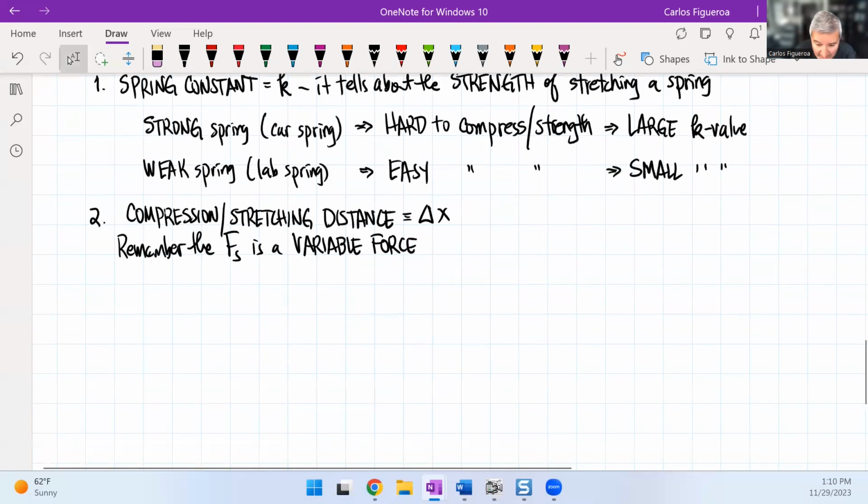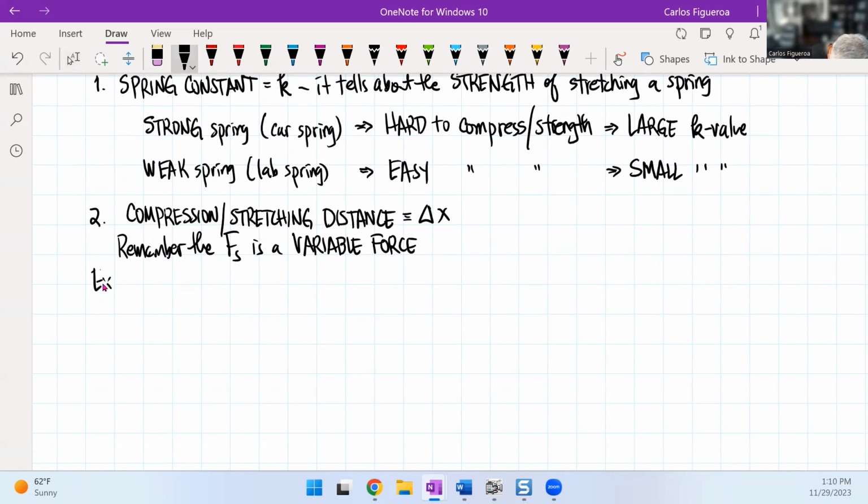So let's think about this picture-wise. I'm going to hang a spring and put it into an equilibrium state. As an example, I'm going to hang a mass from a spring.